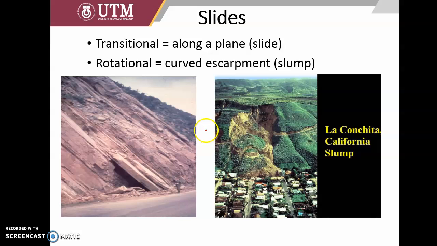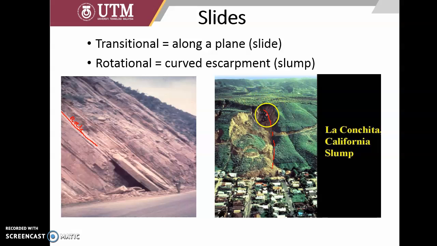So very dangerous. Whereas slides, translational, usually occur when we have a planar failure in rock, and we can have like this one in the California slump. It occurs 2 times, in 1995 and 2005. One is due to the heavy rainfall, but occurs 1 month after the event.